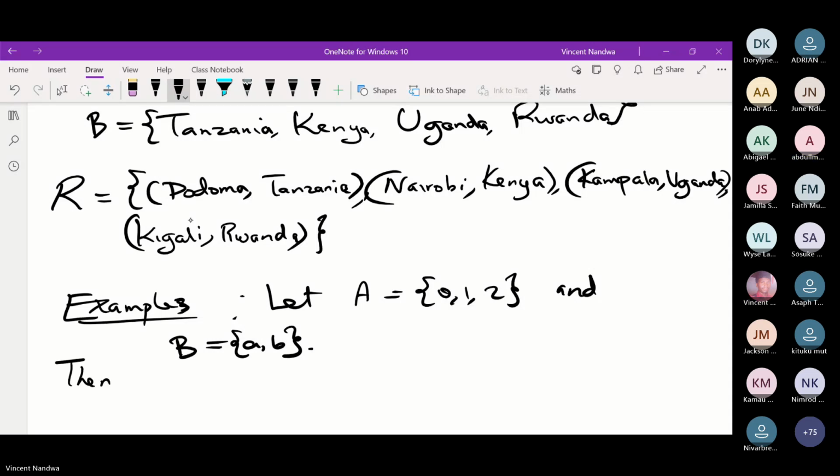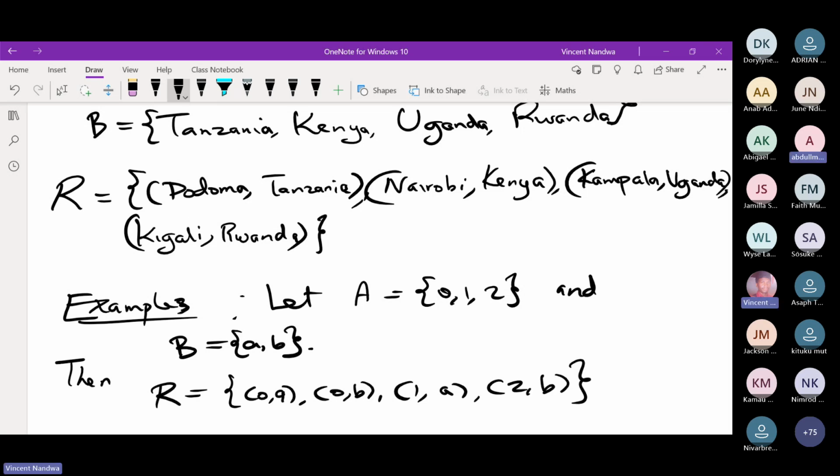Then we can have a relation R from A to B as (0, a), (0, b). Next we can also have (1, a). So there are many relations that can be defined if you are not specific on how we want to do the pairing. If I stop at (2, b), this is an example of a relation because relations are just subsets of the Cartesian product.